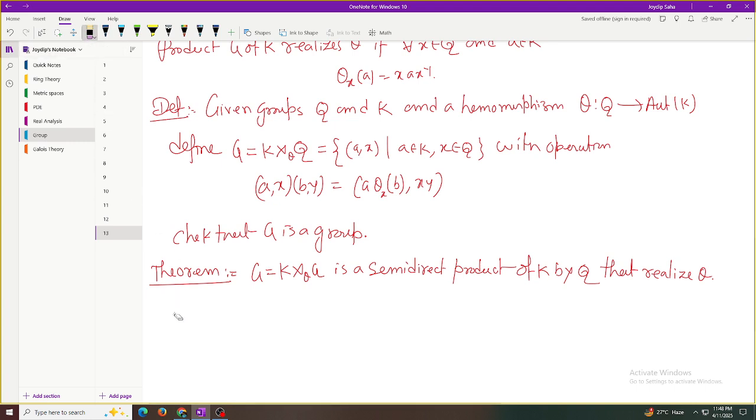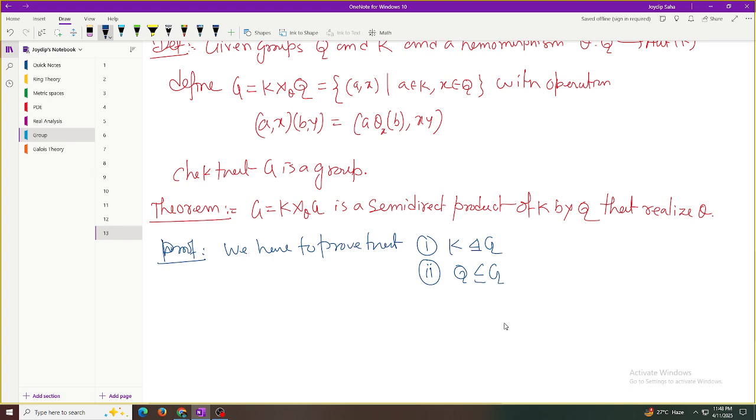So what you need to show here: we have to prove that number 1, K is a normal subgroup of G. Number 2, Q is a subgroup of G. Number 3, what is K?